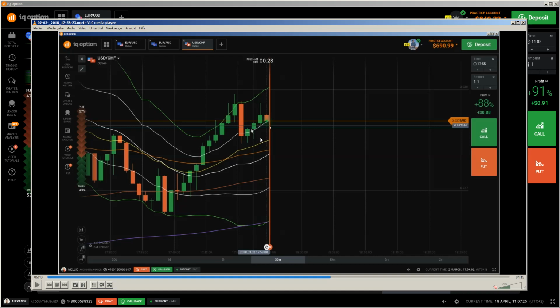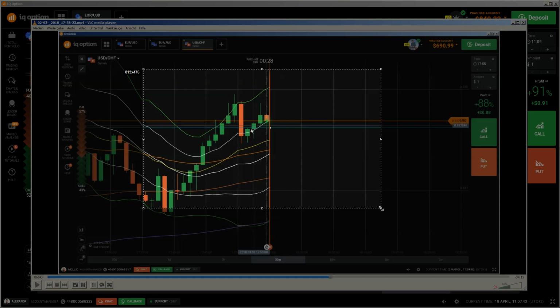What I'm going to show you here is that this candle is not creating a new higher high. Let me draw this so you understand it better, because this is what you need to understand.